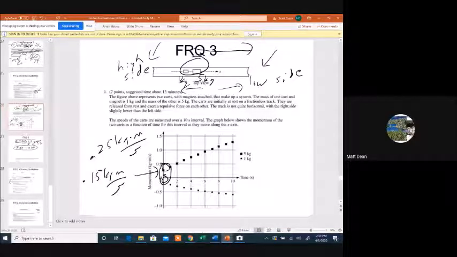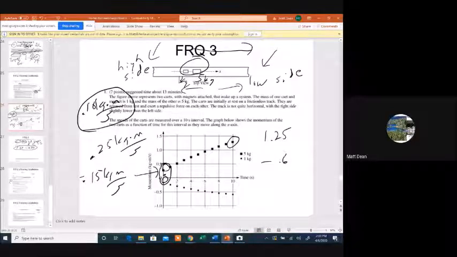And what we've got to remember is this is a negative momentum, which means the momentum at the beginning of my problem is 0.10. That's the beginning momentum. Now let's go over to the end. This one looks like about 1.25 right here, and then this one has maybe negative 0.6.